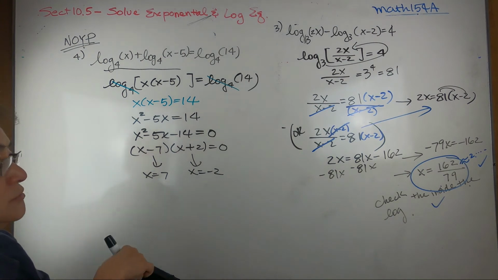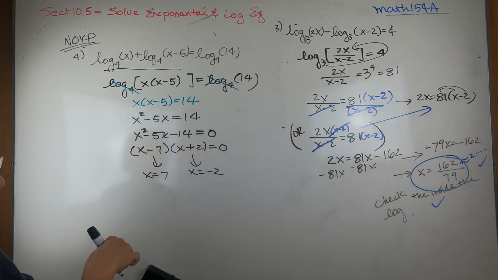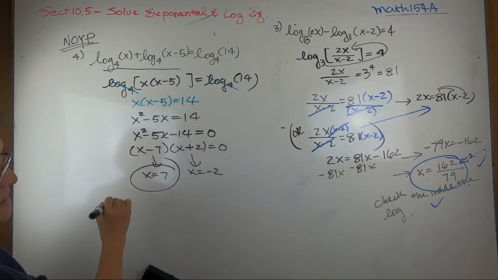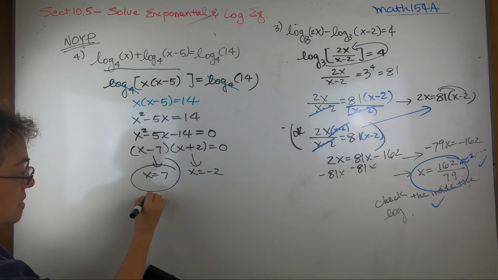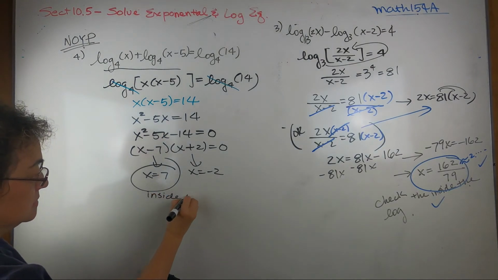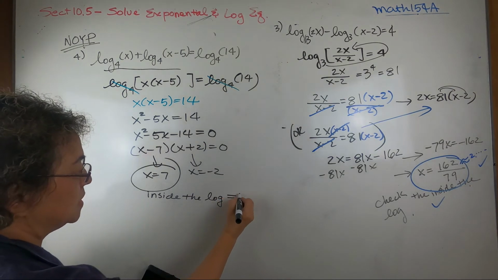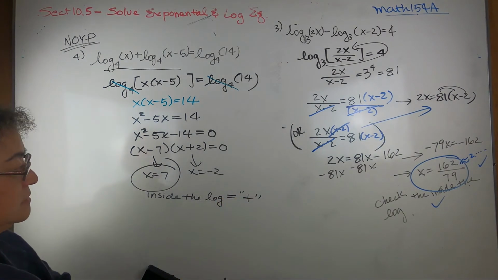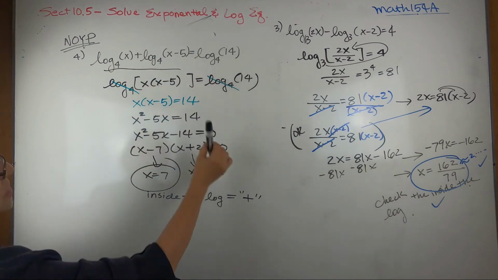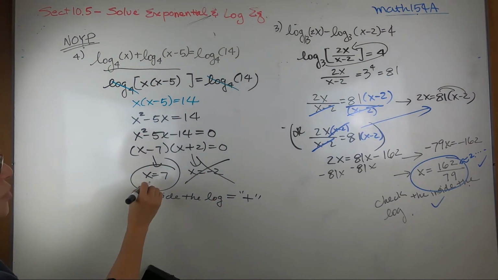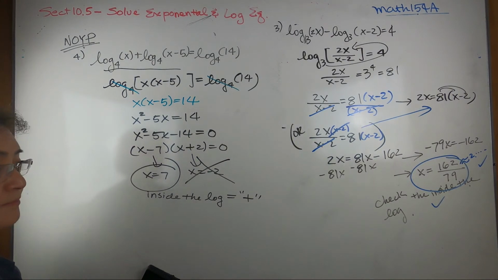Then we are going to circle the answer. Can we circle 7? They are all positive. Yes, the inside of the log needs to be positive. How about negative 2? You cannot do it. It's extraneous. So you only have one answer, right?